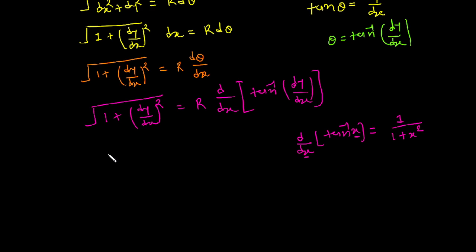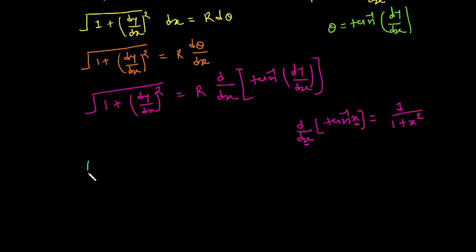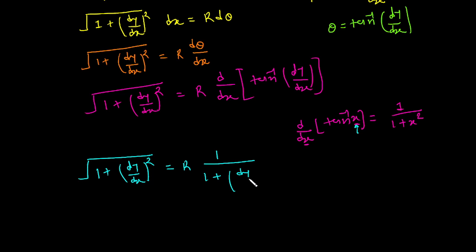Take the left hand side as it is, which is 1 plus dy by dx whole square, and r as it is. First, let's differentiate this tan inverse. We get 1 divided by 1 plus, and now I have to square this, because in the standard case I had only x, but now I have a function, so let's square it.